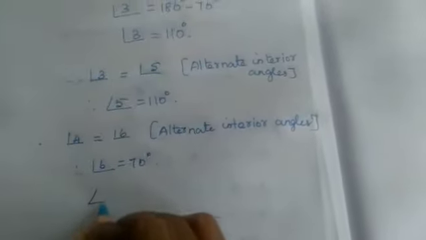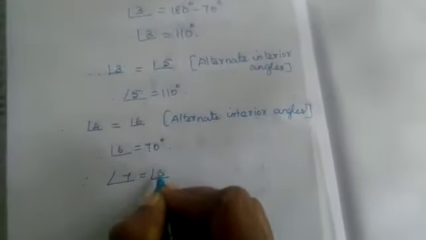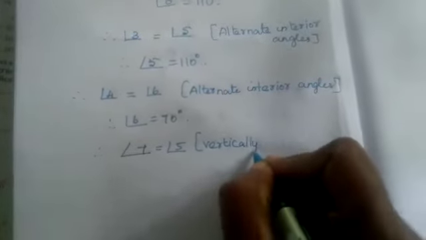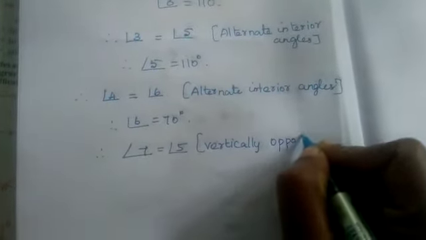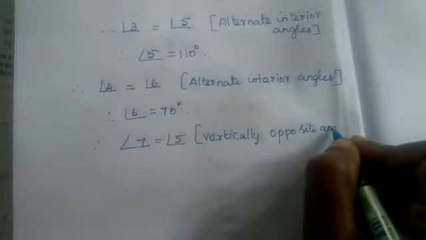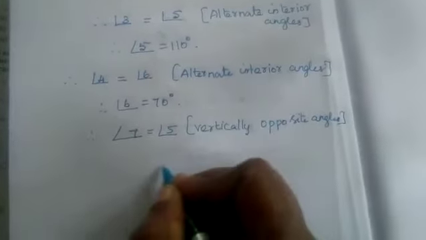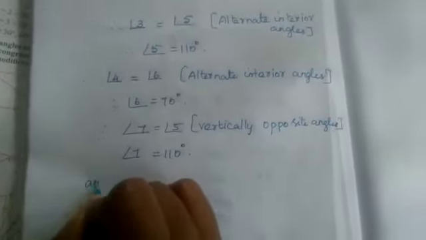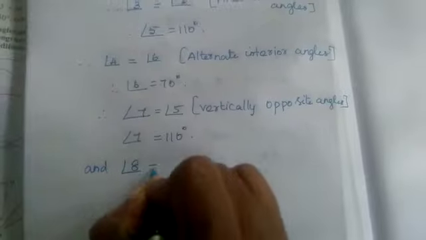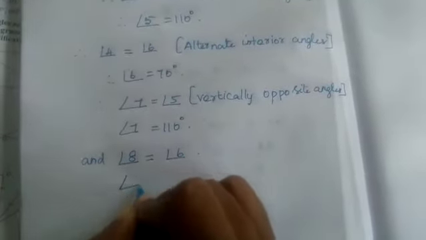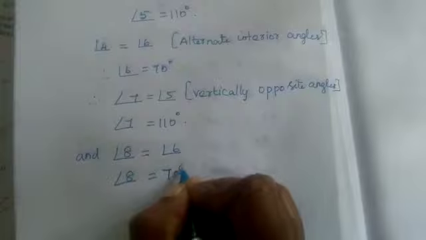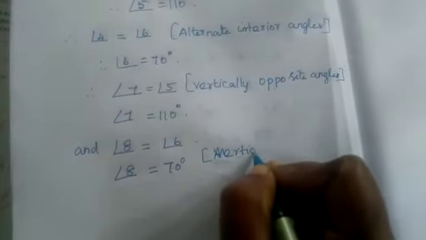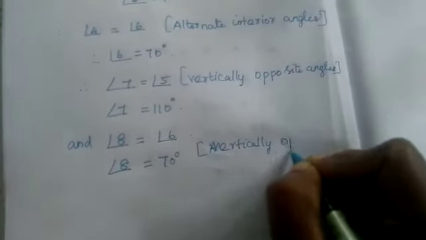In the same manner angle 7 equal to angle 5, vertically opposite angles. Therefore angle 7 equal to 110 degree, and last angle 8 equal to angle 6. Therefore angle 8 equal to 70 degree, since vertically opposite angles are equal.